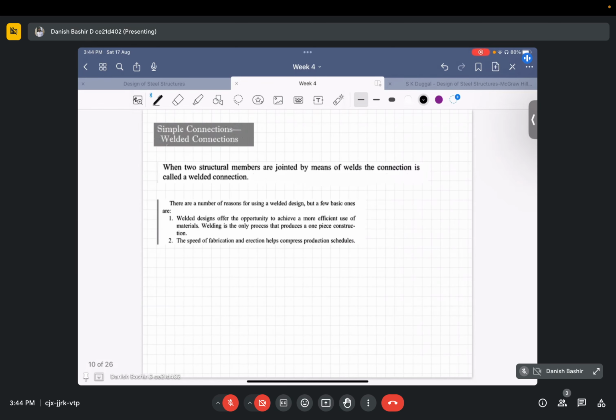So, what are welded connections? The basic definition is: when two structural members are joined by means of welds, the connection is called a welded connection.